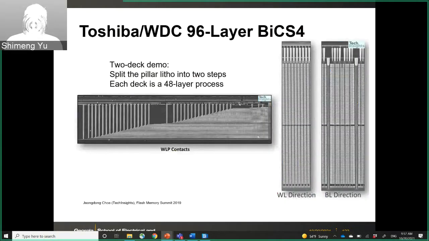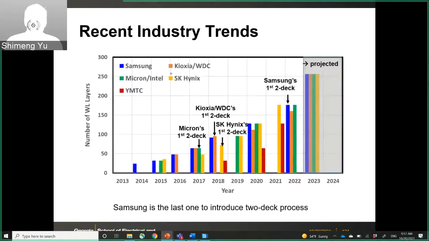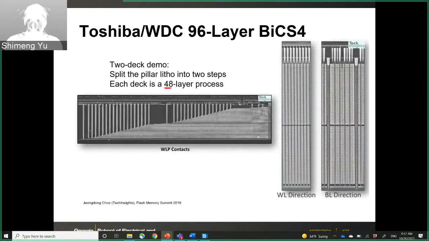Therefore, in real manufacturing, nowadays the industry mainstream is to have multi-deck fabrication. If you can only etch 48 layers, if that's the limitation, then you have to split your fabrication into 2 tiers. This is undesired, as we discussed before. You want to use one lithography to etch through.